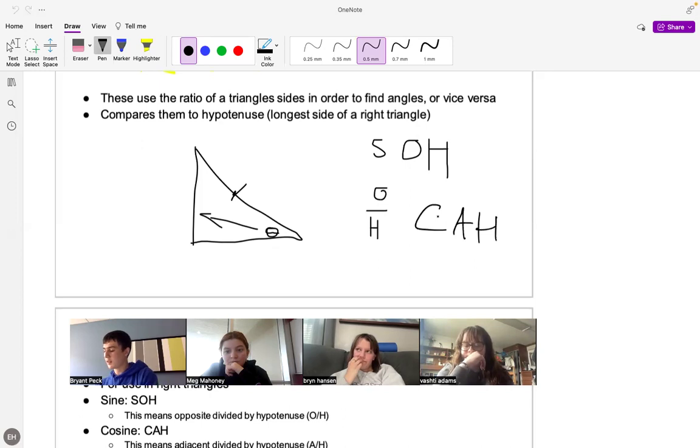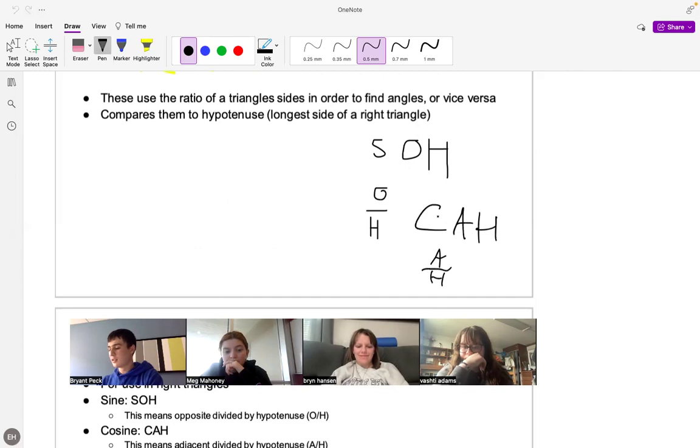If we remember, cosine is adjacent over hypotenuse, so like this. And if we look at theta here, the adjacent side is going to be this one, because it's the one connected to the angle, right?